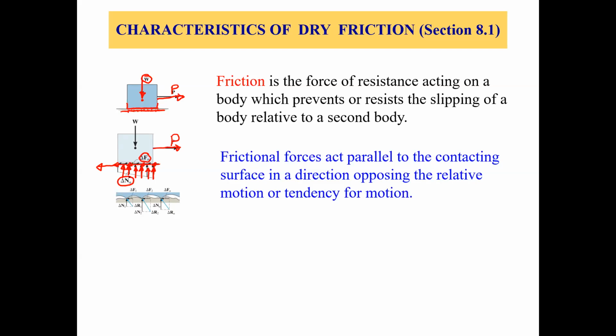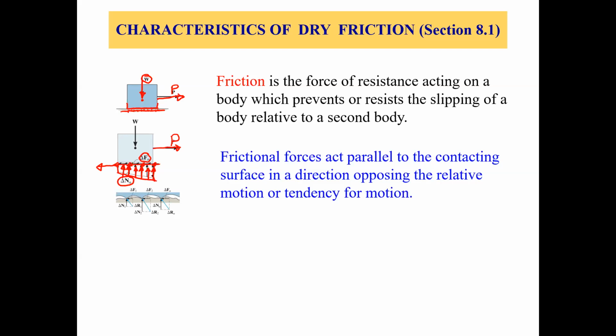Now in this case, the normal force distribution is not a rectangle, it's like this. This is the distribution of the normal force along the surface of contact between these two materials.